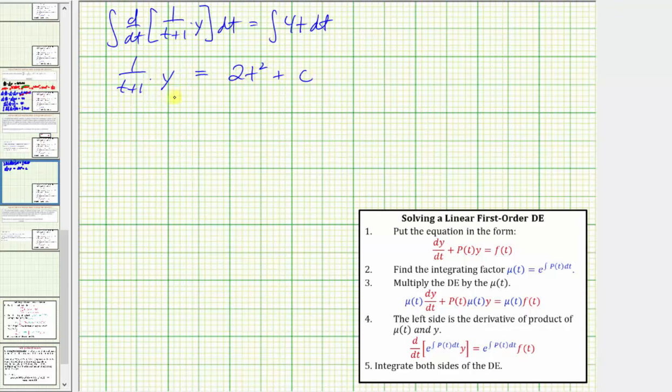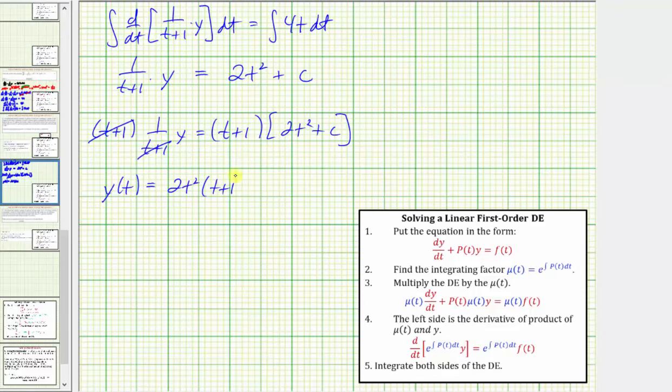Now to solve for y, we'd multiply both sides of the equation by the quantity t plus 1. So notice on the left side, these factors simplify to 1. So we're just left with y, or y of t, equals, on the right side, we'd have 2t squared times the quantity t plus 1 plus c times the quantity t plus 1. So this would be the general solution to the differential equation.